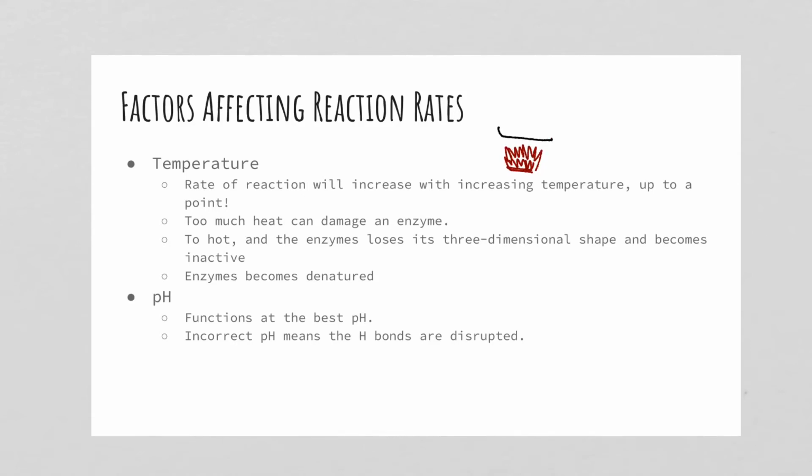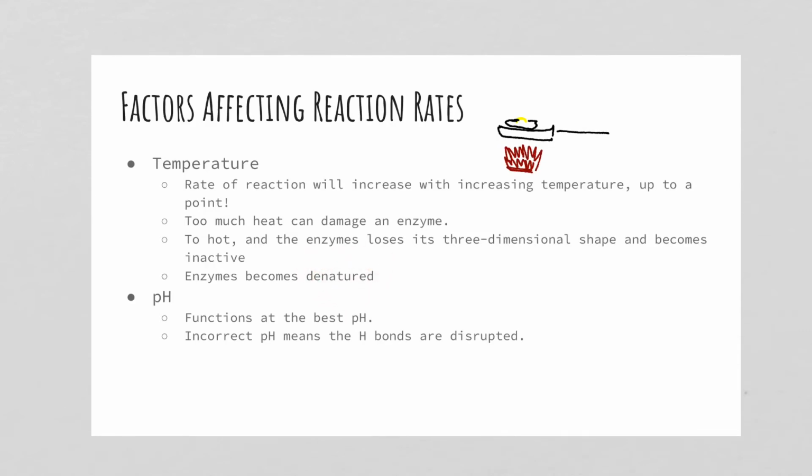And we've seen this example if we've cooked a nice egg or something. You might have noticed that the meat or whatever you're cooking changes form, even changes shape. So I'm going to make a little egg here. Here's your little egg cooking in your pot. It changes shape as you add the heat, and the reason why it's changing shape as you add heat is because you are denaturing the enzyme.